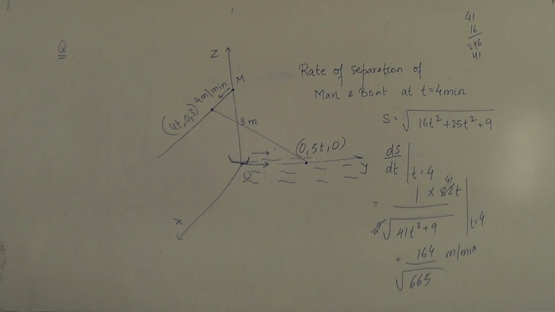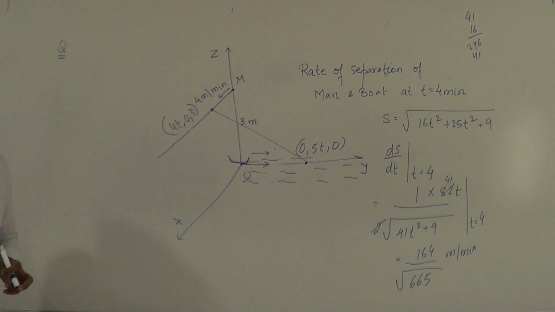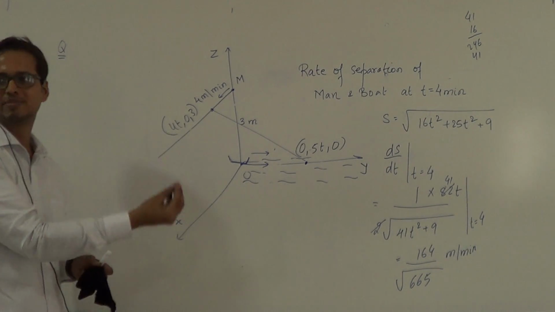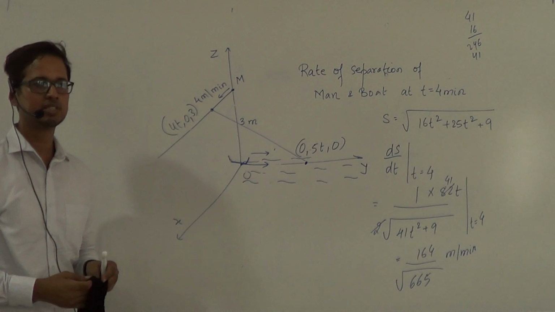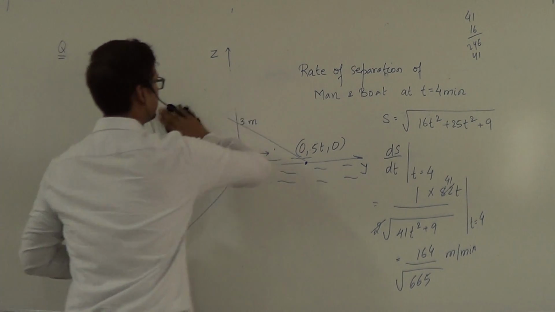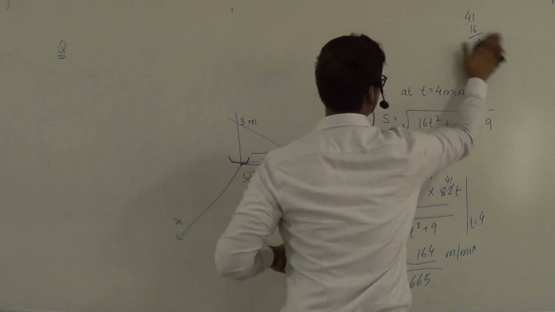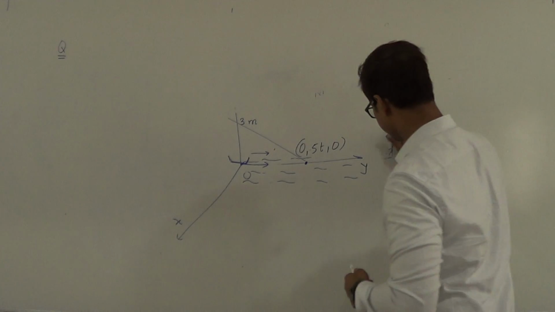Done? In R.D. Sharma, you'll find very good problems based on that conical vessel and all those things. So please attempt all those problems. There's a good amount of problems based on that. Moving on to errors and approximations.